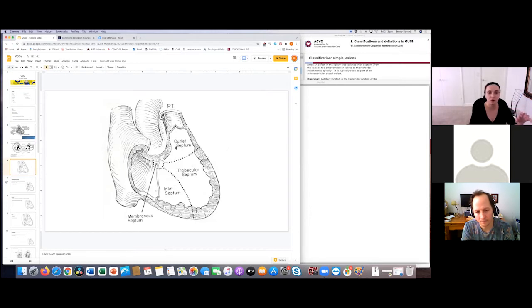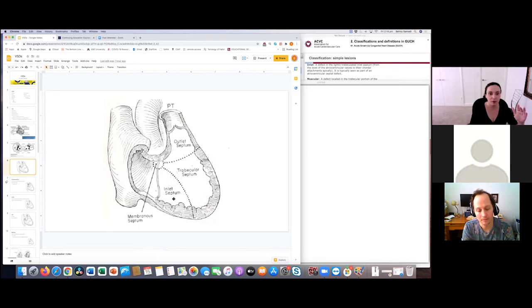Sometimes it's called the conus or an infundibulum, because it's got almost a funnel shape. Same with the left ventricle, and that embryologically is the same origin that forms the pulmonary artery. So this is all from the same embryological origin.